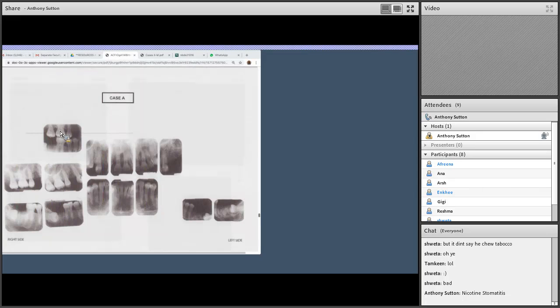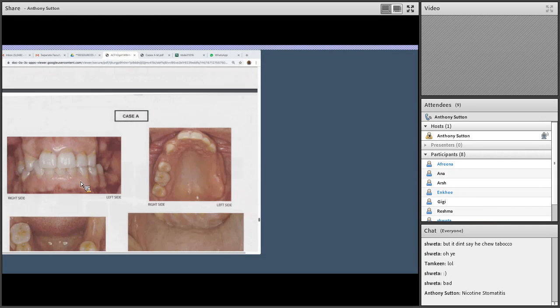When we're looking at the necks of the teeth, remember when we're looking at bone loss, we're trying to figure out how far away this bone is from the CEJ. And we see that there is a difference here. We don't know what it is, but we know that there is a difference, which means that there is bone loss, which means this patient does have periodontal disease, if you couldn't already tell that from looking at his teeth during the clinical exam.